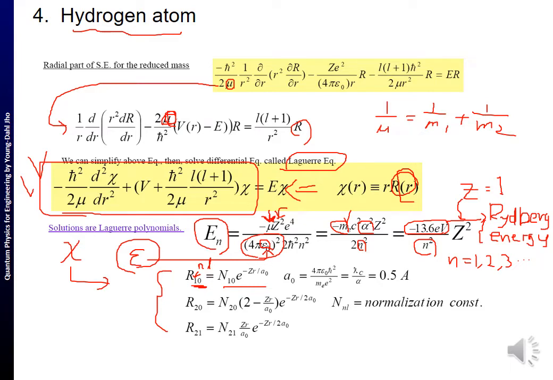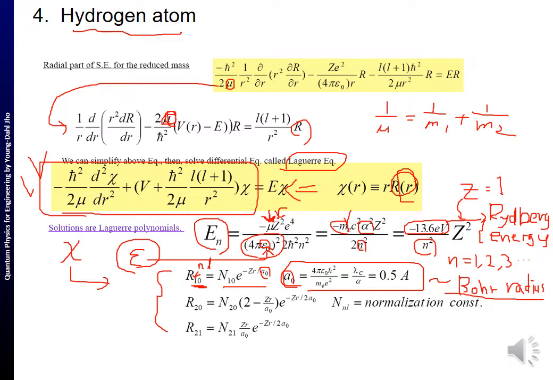And here A0 is given here. This is actually the scale of the hydrogen atom radius, and we call this the Bohr radius. If you know the meaning, that is good enough. You will see the Bohr radius many times in research papers.